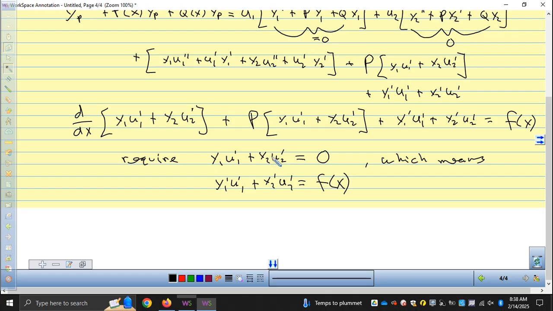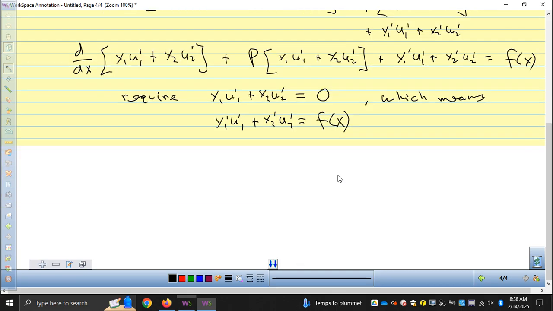So then we solve this system of equations for U1 prime and U2 prime, and then we can integrate to find U1 and U2.